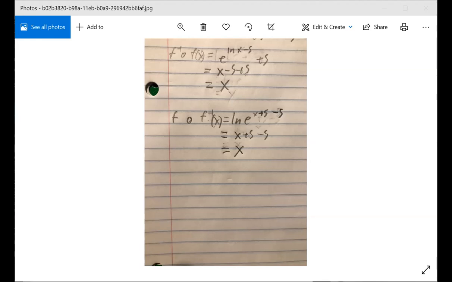To change the screen, it covers my previous screen. Okay. f of x is ln of e to the power x minus 5.